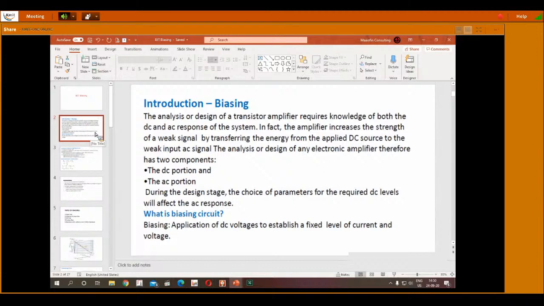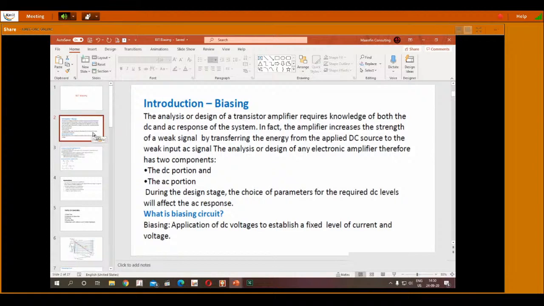You can't amplify the AC signal without biasing. So what is meant by biasing? Biasing is nothing but applying a DC signal in order to amplify an AC signal. A proper biasing of your transistor to amplify an AC signal is known as biasing.